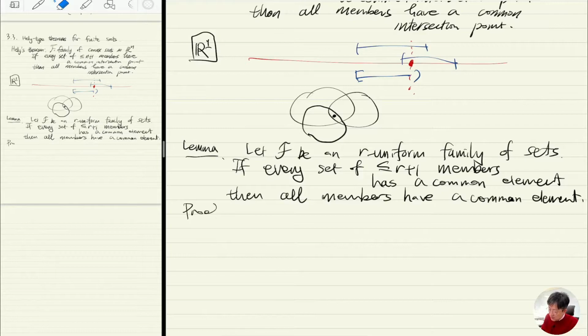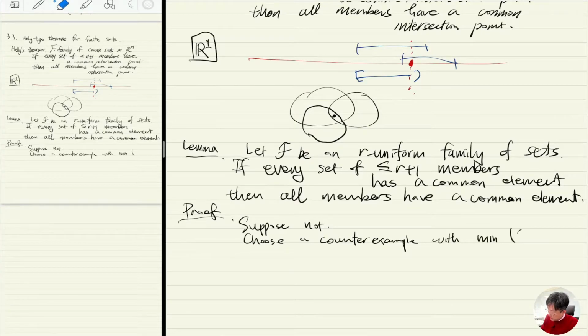So what is the proof? Suppose that it fails. So choose a counterexample with a minimum cardinality. So let F be A1, A2, up to Am.